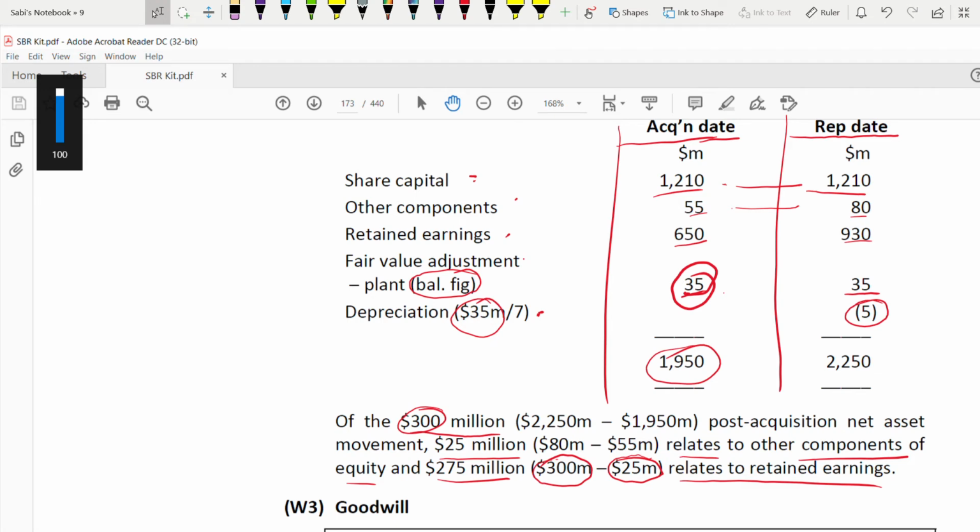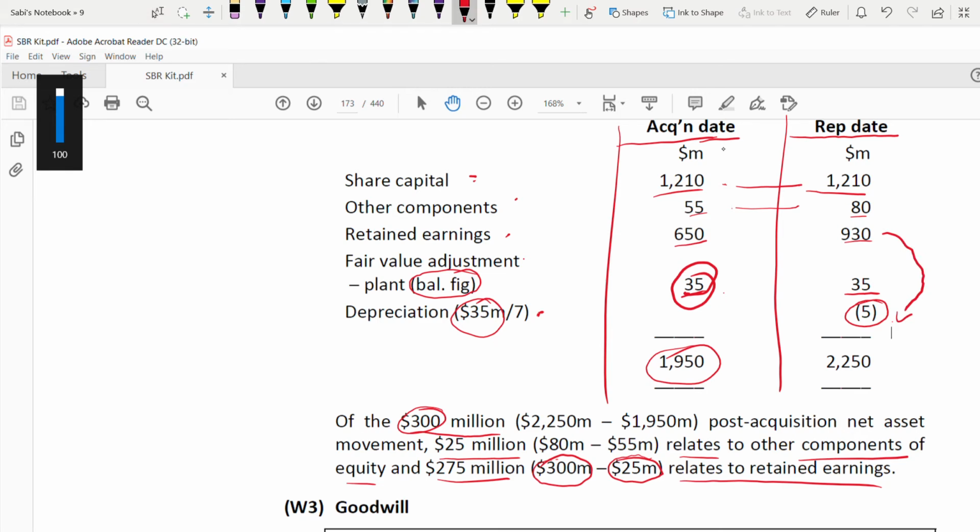Or if you're not understanding it that way, there's another way of getting this 275. Just see, this 35 is also the same, no change. So depreciation will definitely be deducted from retained earnings only. So you deduct 5 from 930.